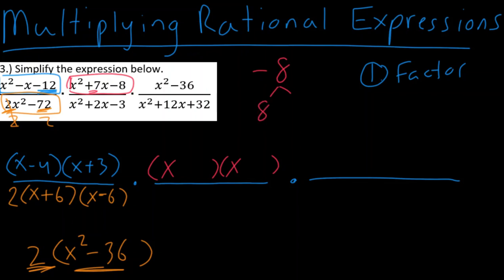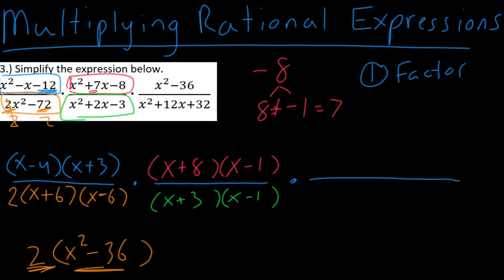I would say let's go with positive 8 and negative 1, because 8 minus 1, if we add those together, is equal to 7. All right, let's take a look at the bottom here. We'll switch colors to this nice little green. We have x squared plus 2x minus 3. You can test these out for yourself, but this is simply going to be x plus 3 and x minus 1.